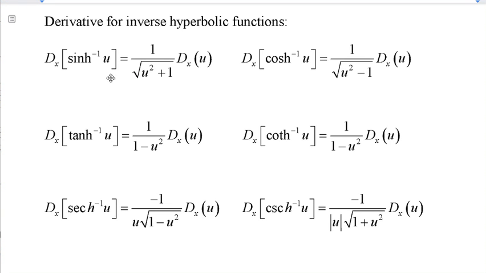And so we have just shown that the derivative of the inverse hyperbolic sine is 1 over the square root of x squared plus 1. If we use the letter u, then it becomes the square root of u squared plus 1. And if we go through that same procedure again, then we will find that the derivative of the inverse hyperbolic cosine will be 1 over the square root of u squared minus 1. And the derivative of the inverse hyperbolic tangent will be 1 over 1 minus u squared.